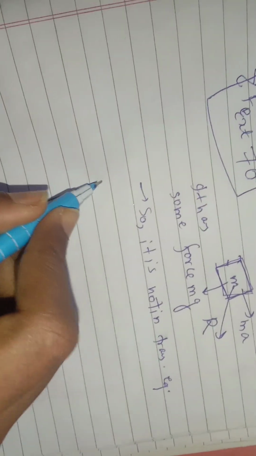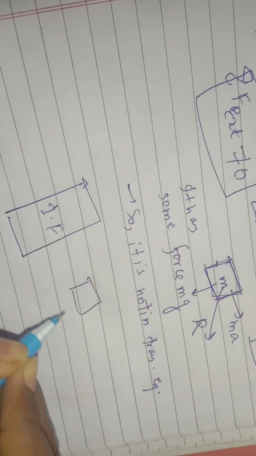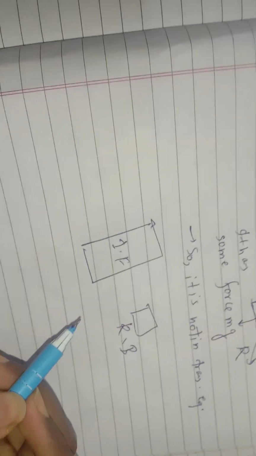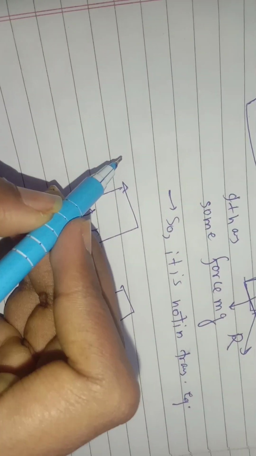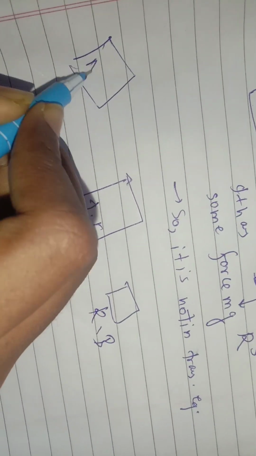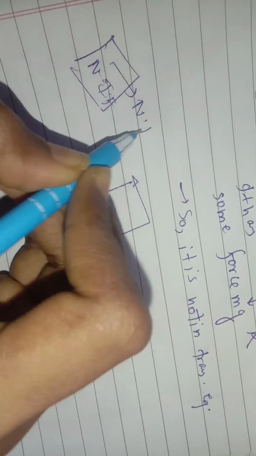So let's make the inertial frame, and this is a rigid body. And in the question it was given that the non-inertial frame was also a non-rotational frame.